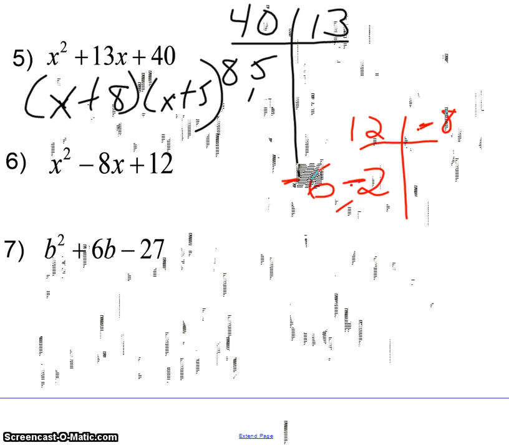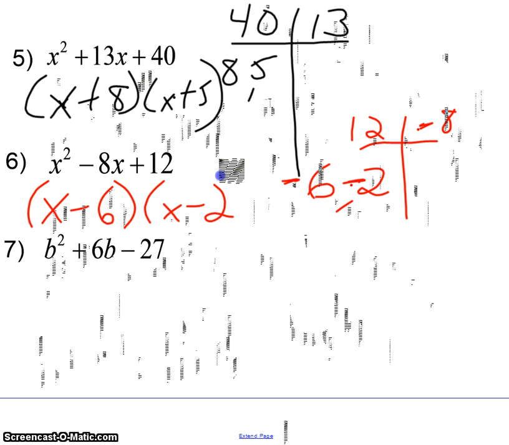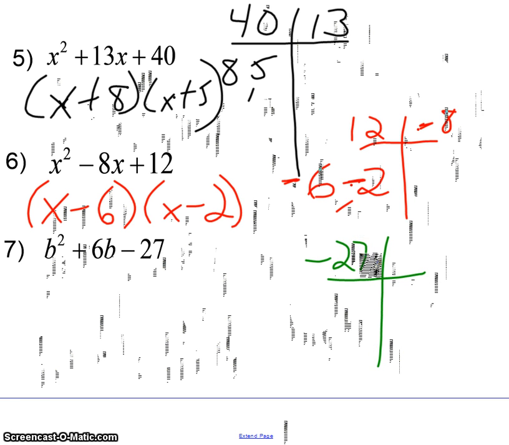They multiply to a positive 12, and they add to a negative 8. Factors of negative 27 whose sum is 6. I need one of those two numbers to be negative because they multiply to a negative. I need the bigger one to be positive because they add to a positive 6.